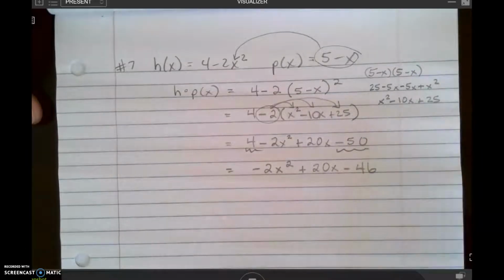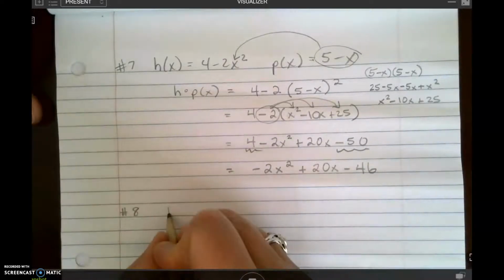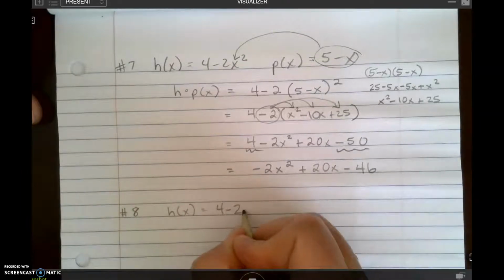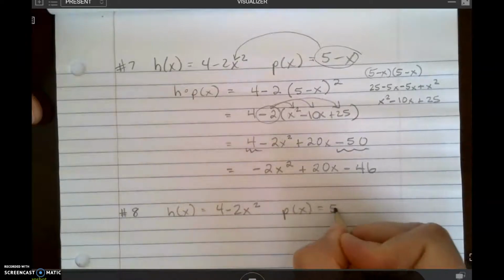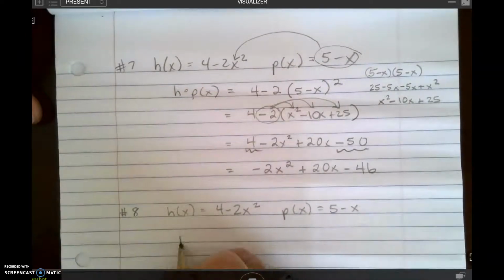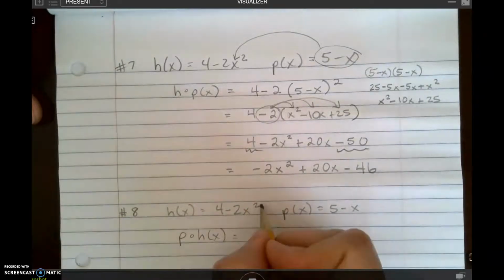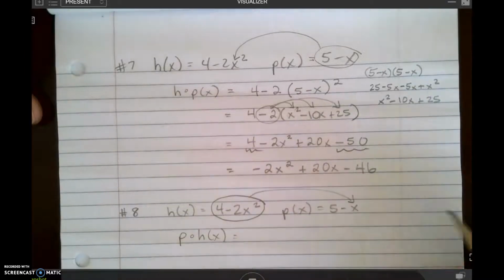Now, number 8 gives us the same h of x and p of x, but then it asks us to do p composed with h of x. So I'm taking h of x and putting it in to here.